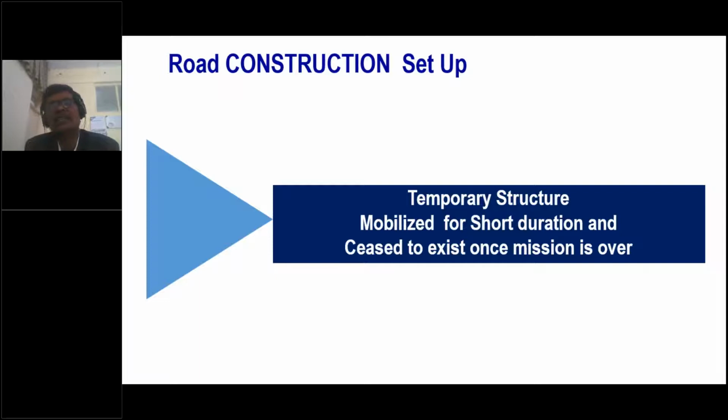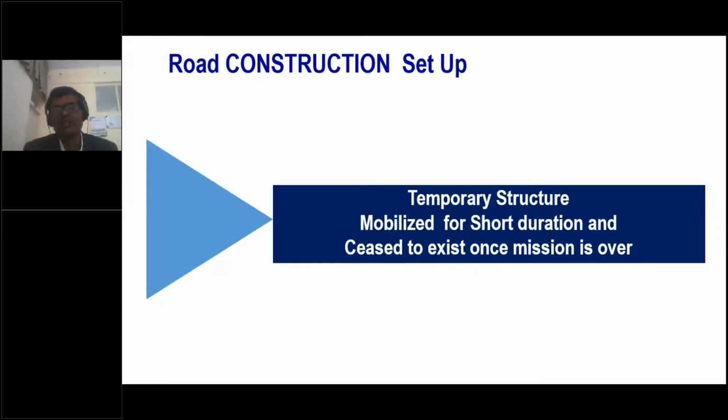But look at our civil engineering construction. It is not permanent. It is a temporary structure. What does it mean, temporary? It depends on the life of the construction period, which starts from, let's say, 3 months to 3 years or 4 or 5 years. We start with zero resources, men, material, machinery, and so on.